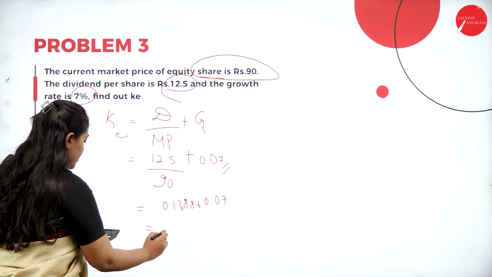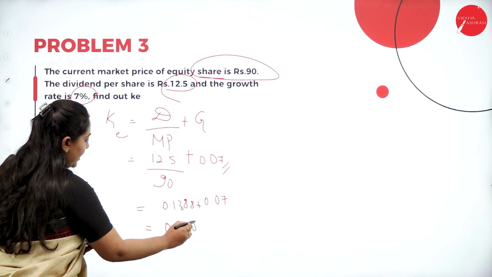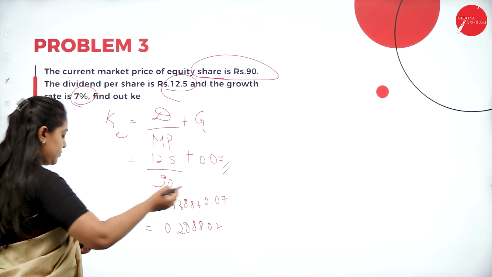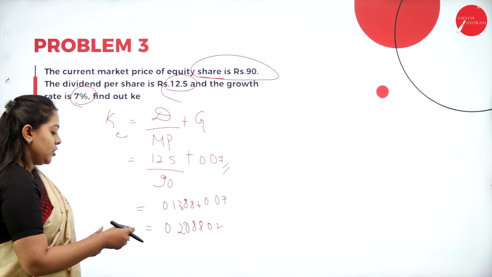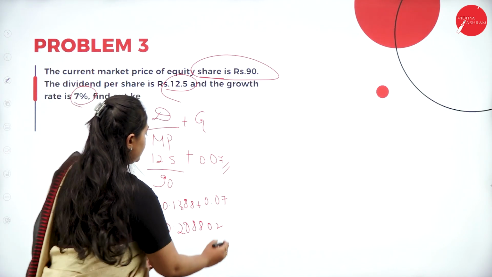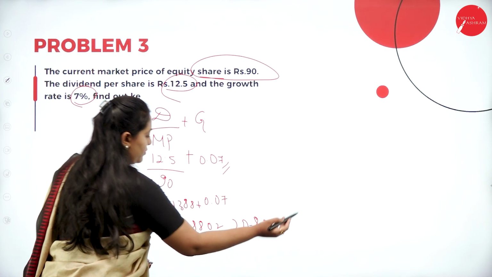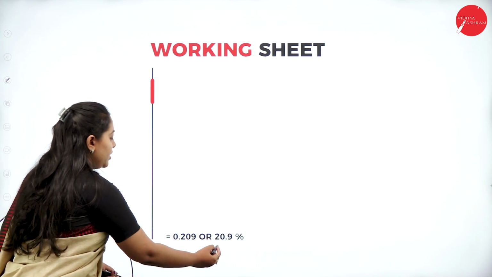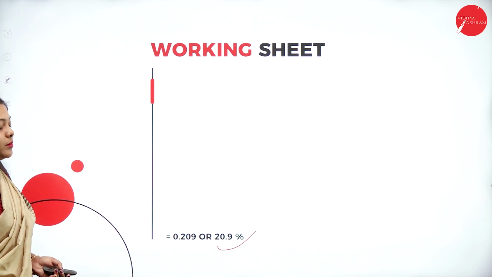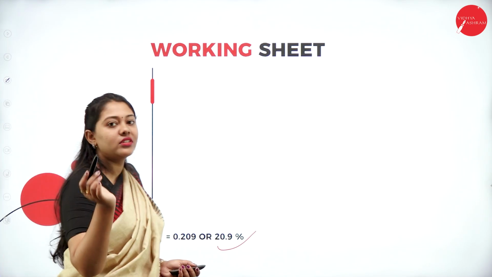The answer you get is 0.2088, or 20.88%, or 20.9%. So you can round the numbers.